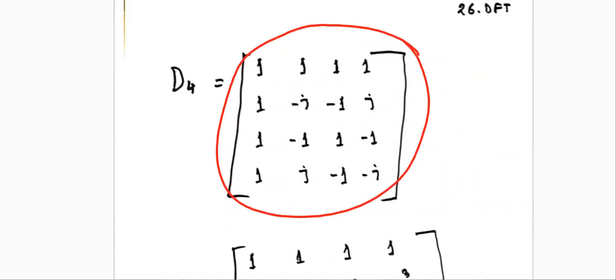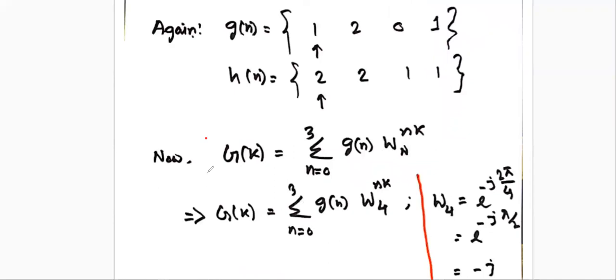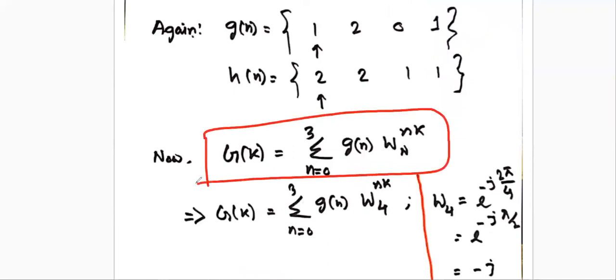If we go back to our equation, for n equals 0 to 3 we have that equation, and for different values of k we have the equation. So how many equations do we have? We have a 4 by 4 matrix of this. We have different values of g[n], which of course are independent, but this matrix is a constant value.